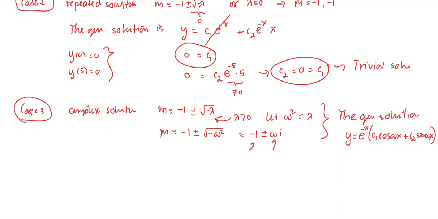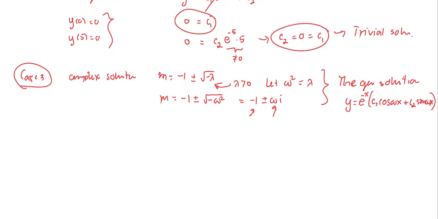All right. So after this, we just work on the conditions, y at 0, y at 5. At 0, e to the 0 is 1, cosine at 0 is 1.